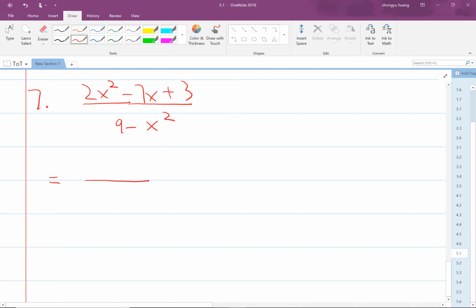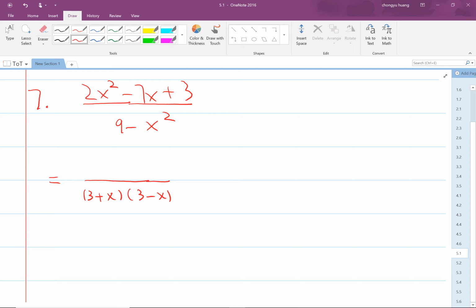Let's first focus on the denominator. I think by this point you should be able to see right away how you factor out the denominator. The denominator is 3 plus x and then 3 minus x. That's exactly how we apply the property.